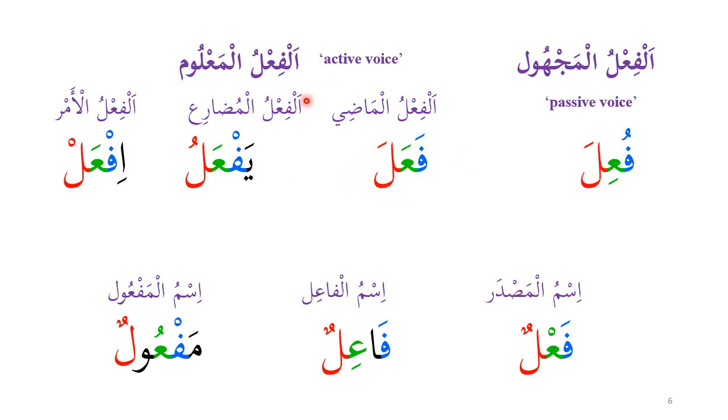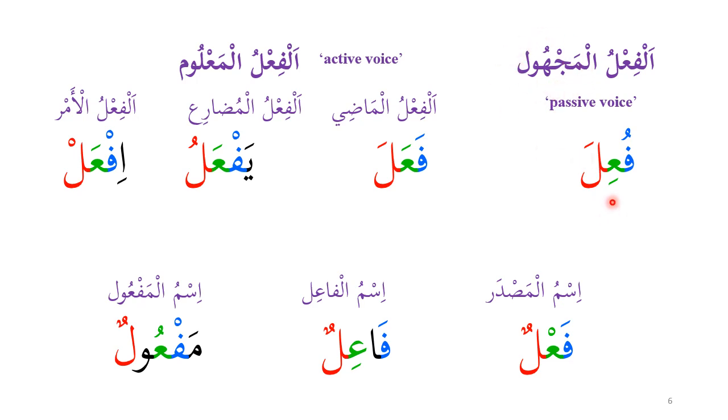And all these are fi'lul ma'lum, or the active voice. And in the passive voice, it will be fi'lul majhul, which is fu'ila. Fu'ila is worked upon. The whole thing is worked upon, which is shown by the dhamma. Now, the passive voice is very little used in Arabic, not much actually. And remember, fi'lul majhul doesn't quite mean a passive voice. Majhul means the unknown.